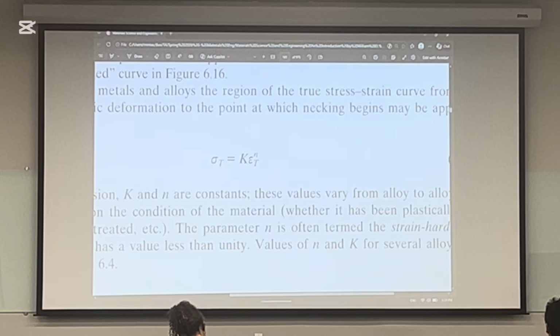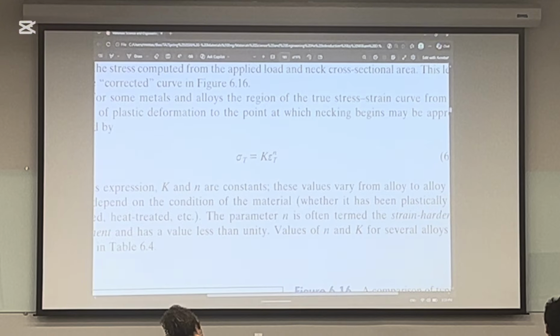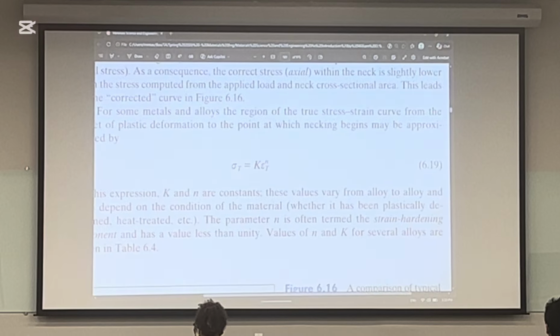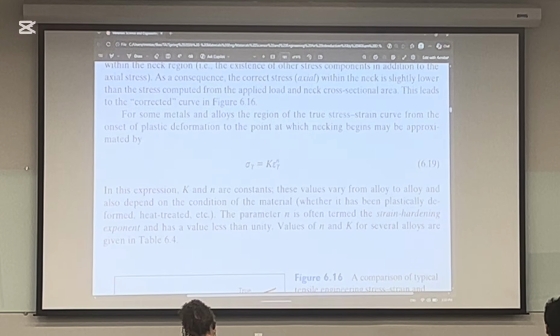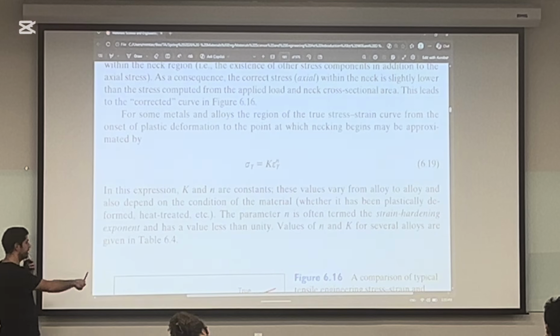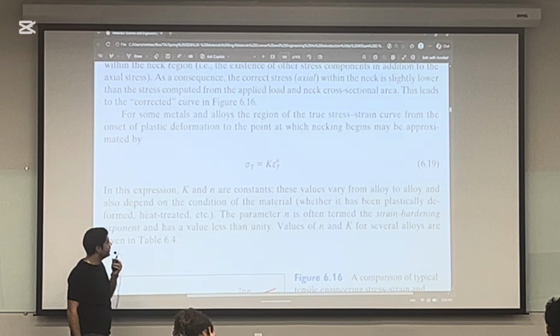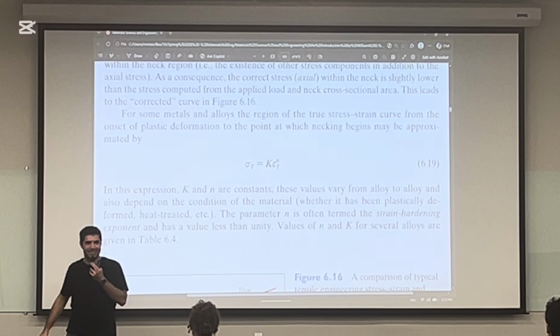So the K and N are constants. The N parameter is called the strain hardening exponent. And the K is called, I don't know what it's called. It should be somewhere in the text.